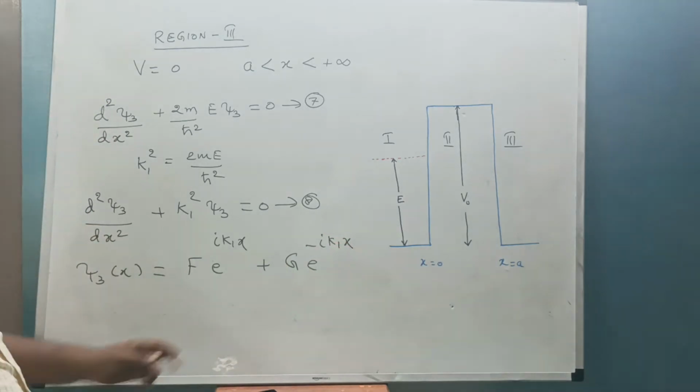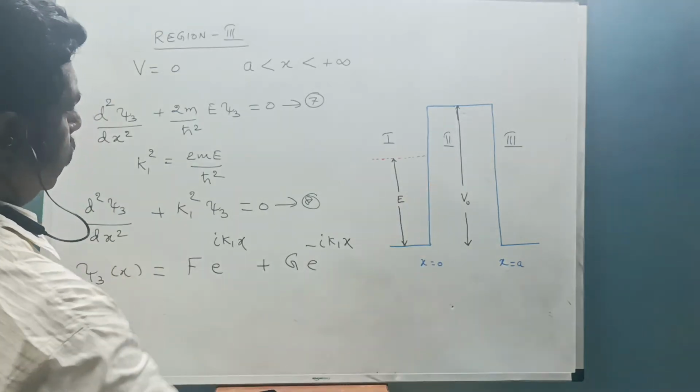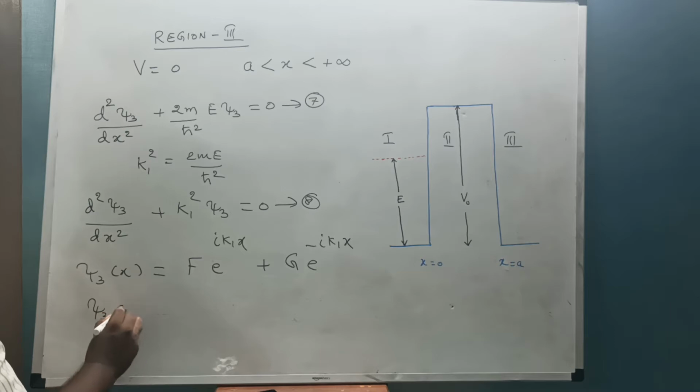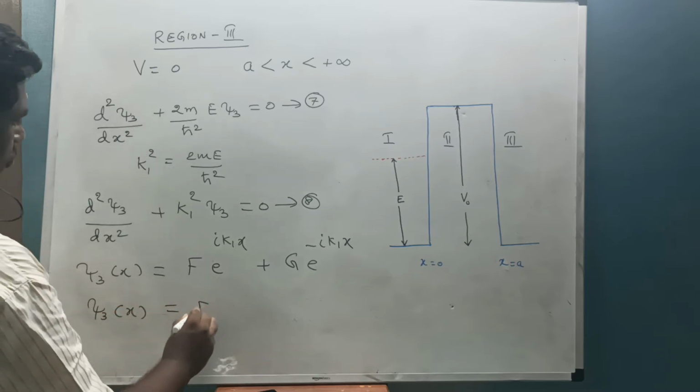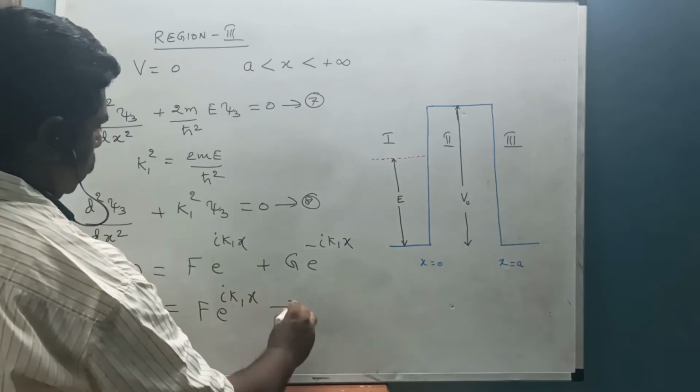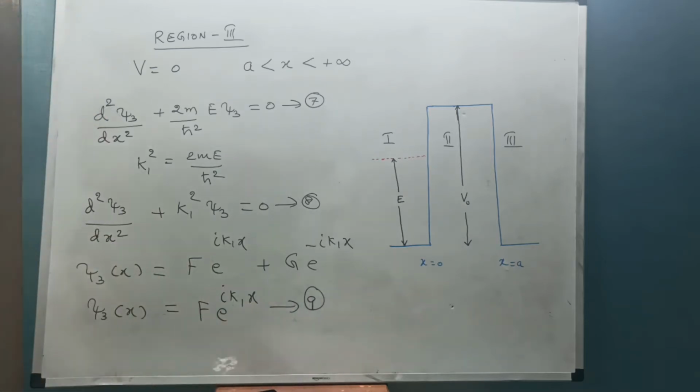But the reflected component is not present in the third region. Therefore, the exact solution is psi 3 of x equal to f into e power i k1x. This is equation number 9. So this is the equation for the third region.